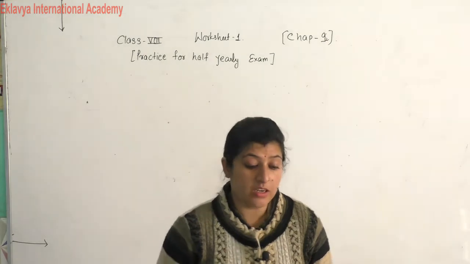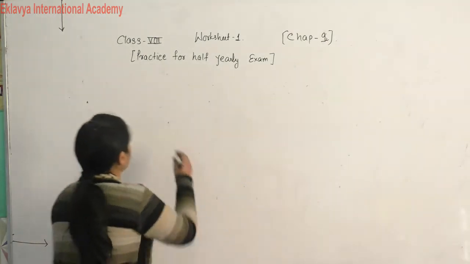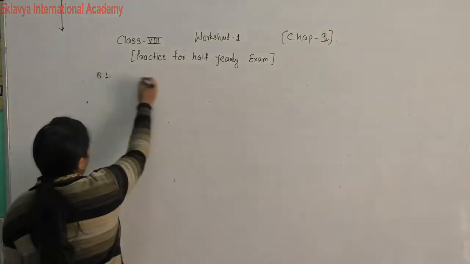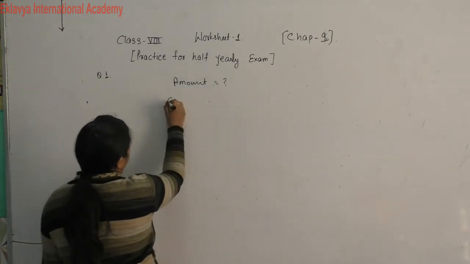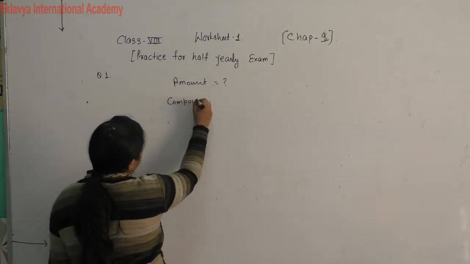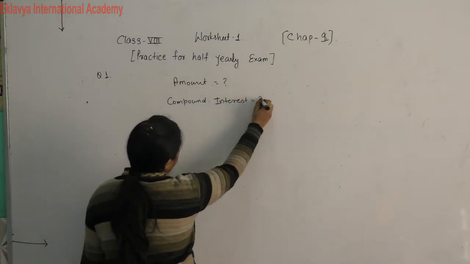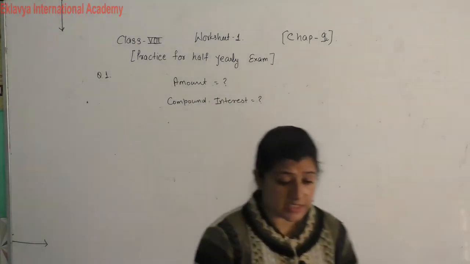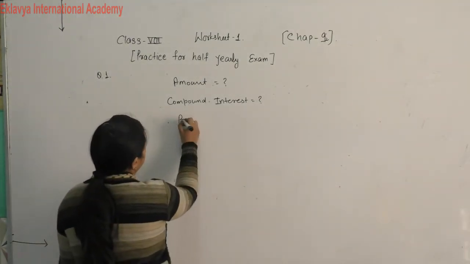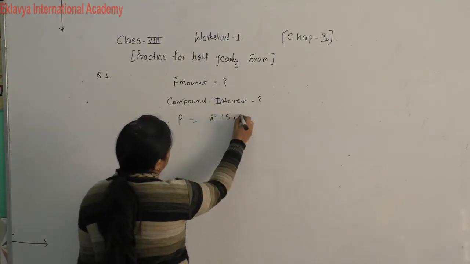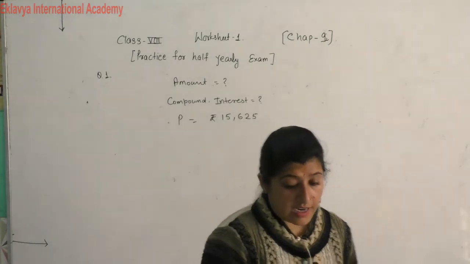Now see here. Question first, find the amount and compound interest. You have to find out amount and compound interest. Given things is sum of 15,625 at 4%.